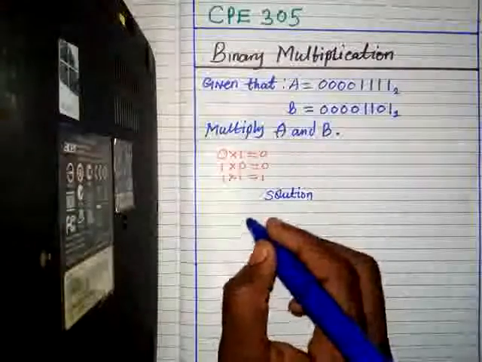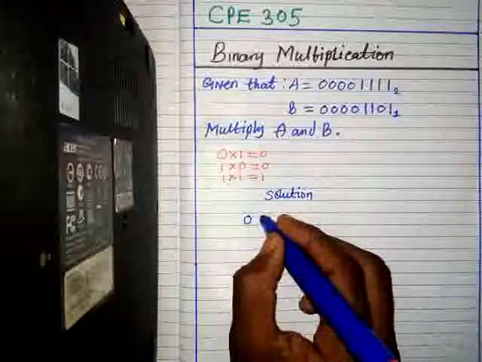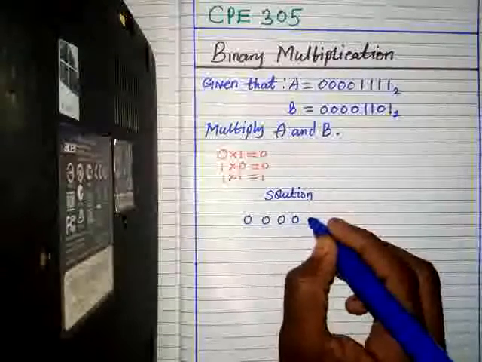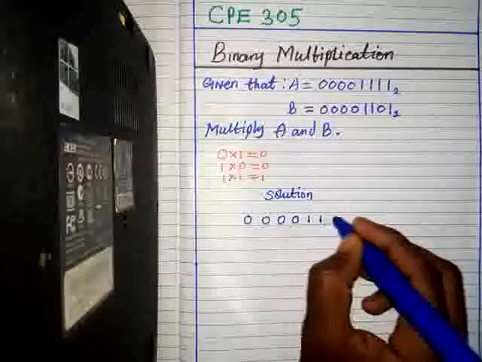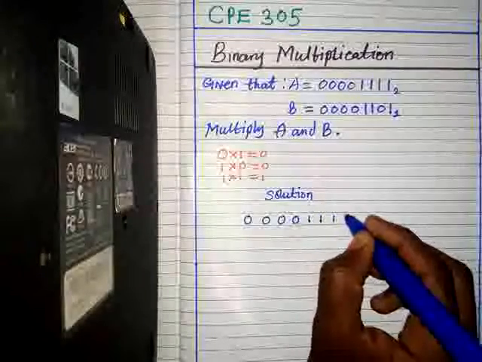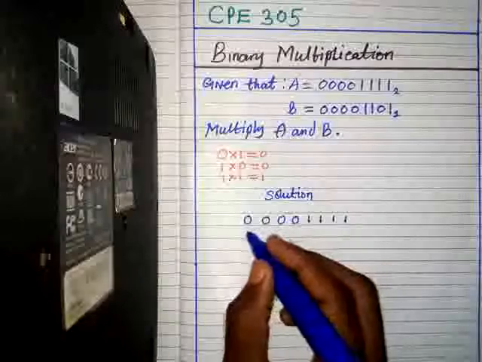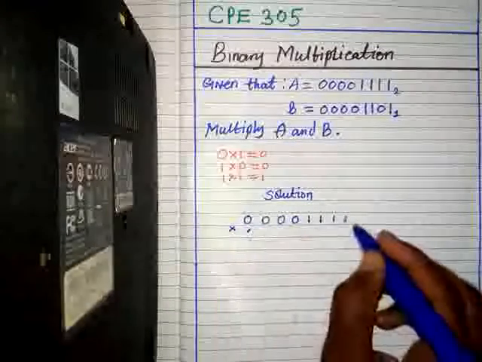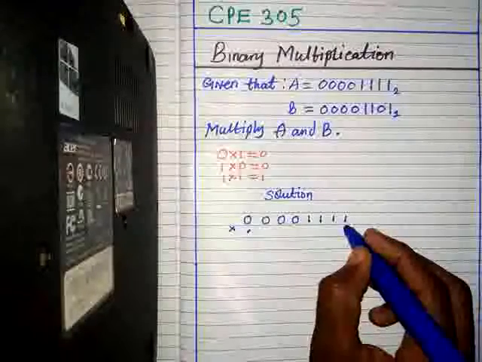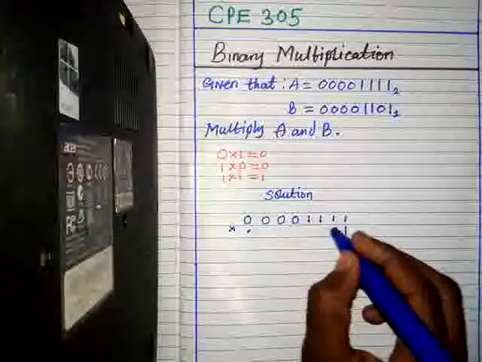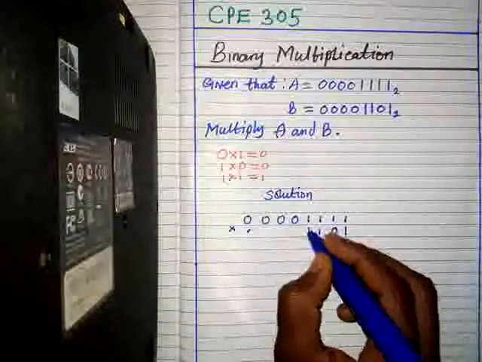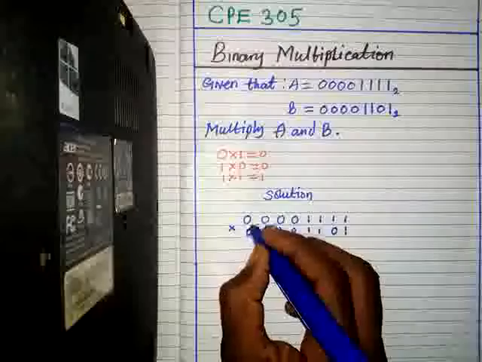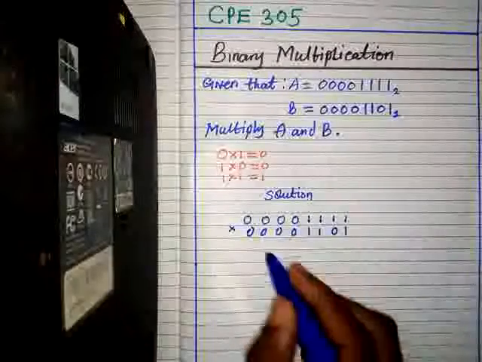Look at it: 0 0 0 0 1 1 1 1, this is a, multiplied by b, which is 1 0 1 1 0 0 0 0. This is the order of multiplication.